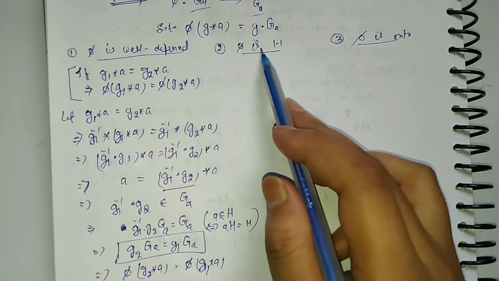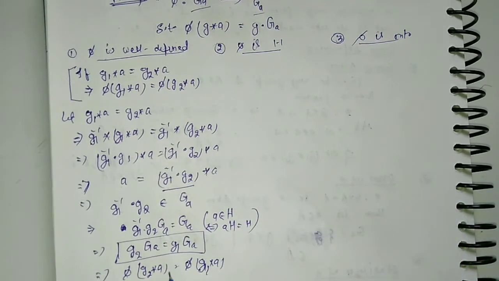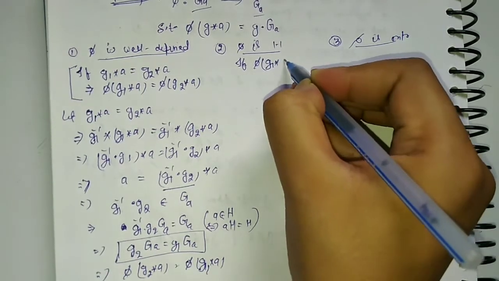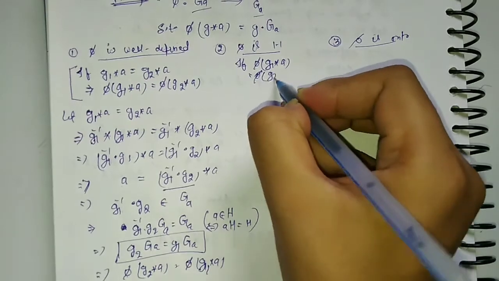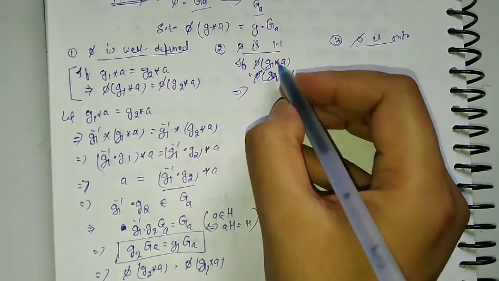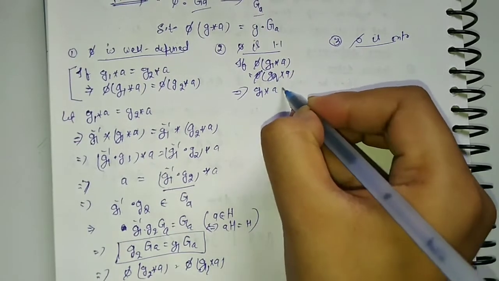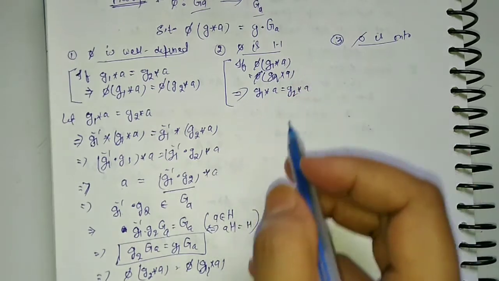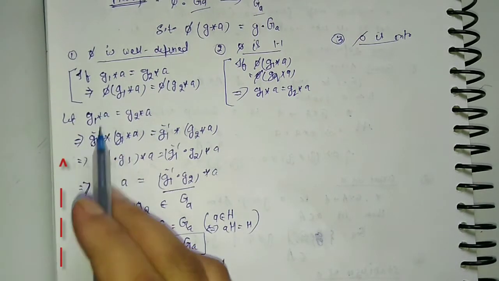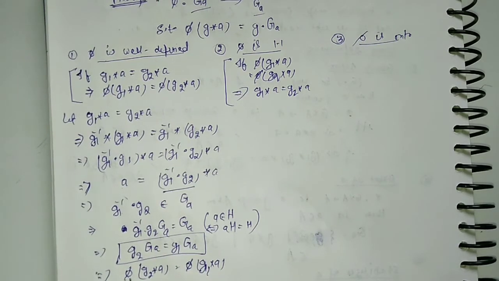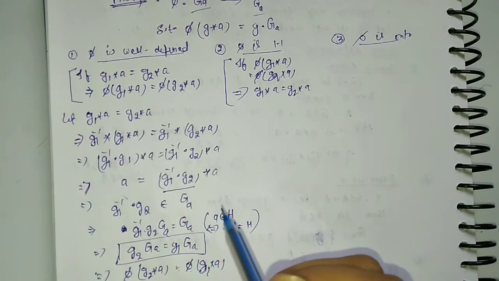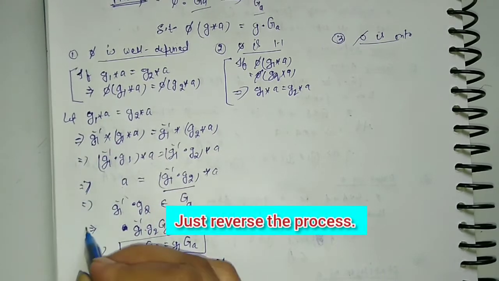Now we are going to prove that phi is also one-one. We have nothing to do here, because for one-one we know that we have to prove that if phi of g1 star a is equal to phi of g2 star a, then g1 star a is equal to g2 star a, and then we can say that this function is one-one. So if we let phi of g2 star a be equal to phi of g1 star a, and we are able to prove that g1 star a is also equal to g2 star a, then phi will be one-one, and this is true from both sides.